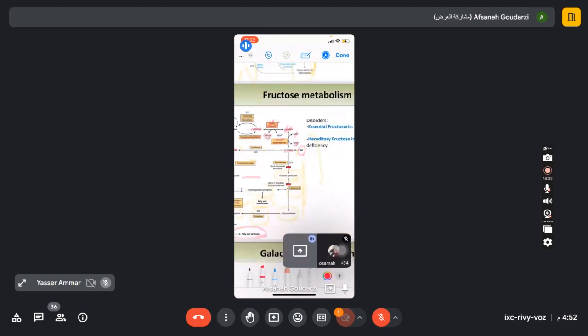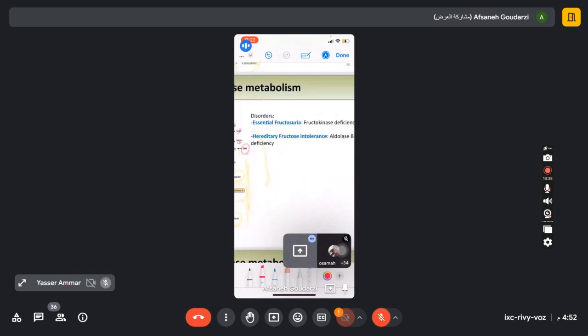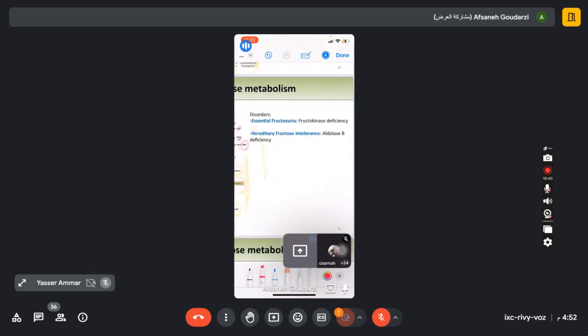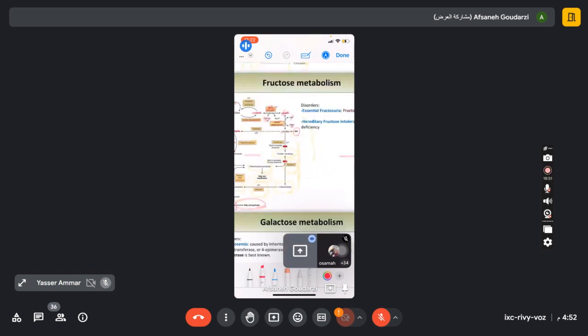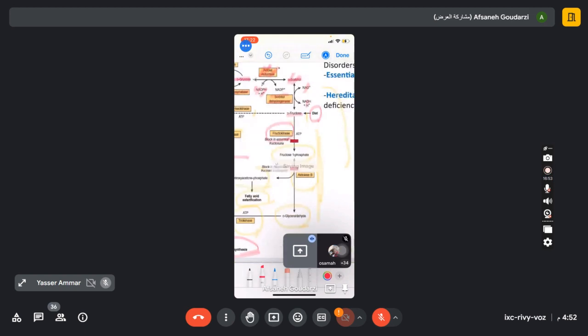Regarding the pathway of fructose metabolism which I explained, two disorders have been reported. One of them is essential fructosuria. It is due to the deficiency of fructokinase. Where did we have fructokinase? Fructokinase was here. Fructokinase was responsible for changing fructose to fructose 1 phosphate.